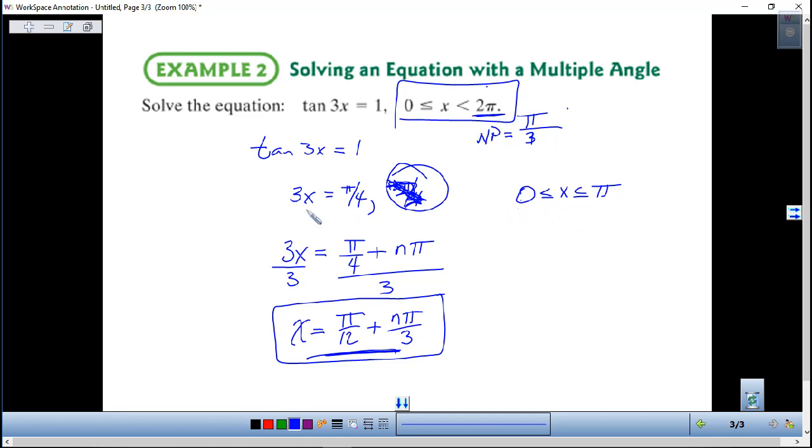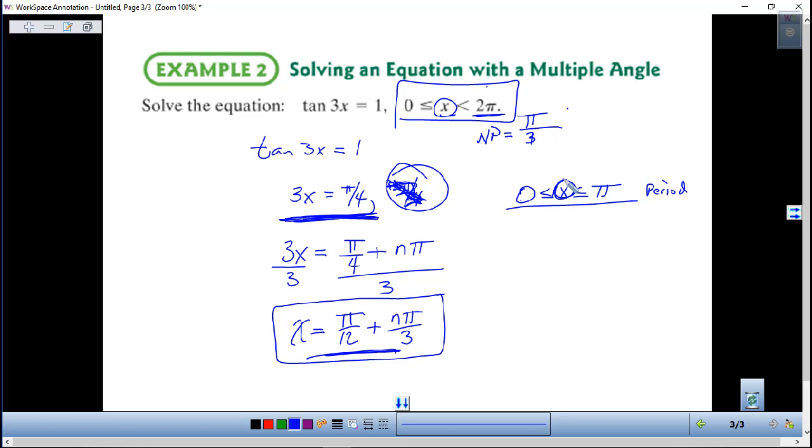I limited myself when I did my initial solution from 0 to pi because this is the original period of tangent. Once I get my initial values, then I'm going to solve for x, and then my final answer, I'm looking for x to be somewhere between 0 and 2 pi. The x right here is not really the x.